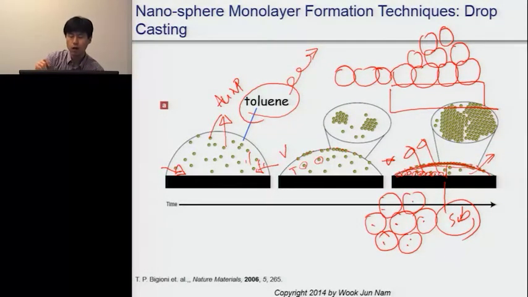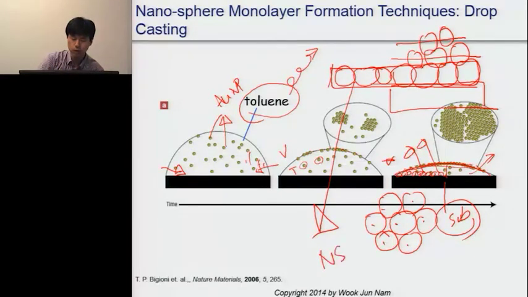So we should have one nice monolayer of the nanospheres for a successful nanosphere lithography process, and we will talk about that in a couple of lectures later.